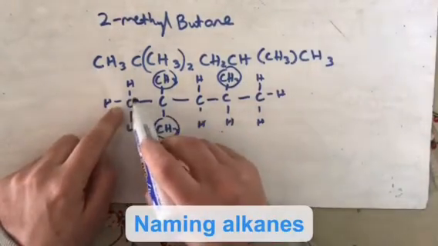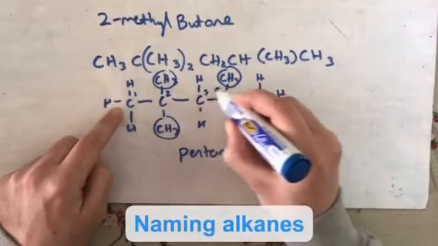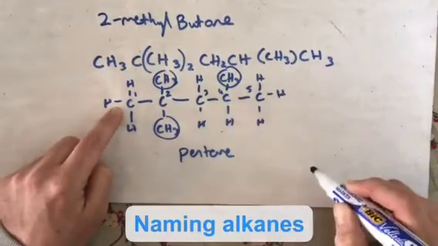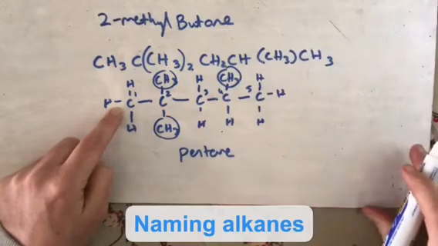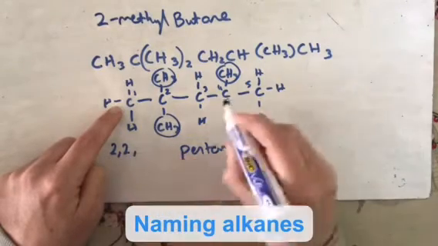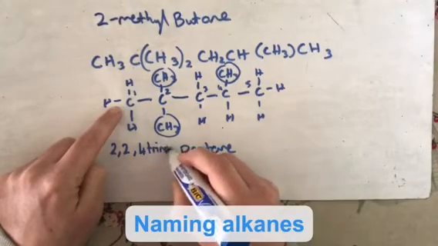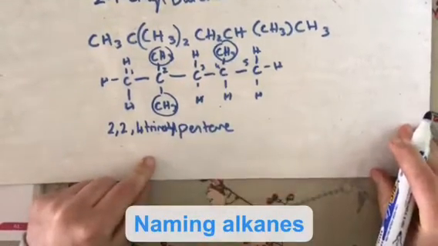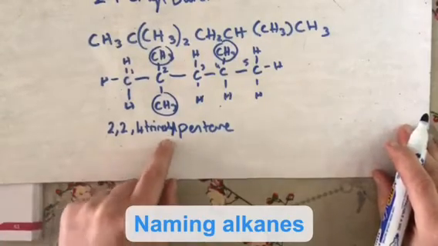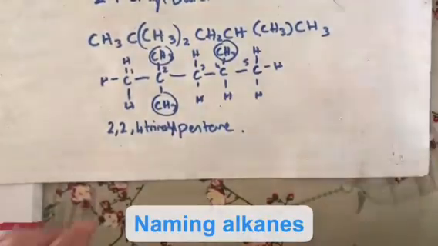So we're going to number from this way because that means these 2 methyls will have the lowest number possible. So it's 1, 2, 3, 4, and 5, okay? So they are going to be 2, 2, 4, trimethylpentane. Sorry if that's a bit squished. So 2,2,4-trimethylpentane. So hopefully that's okay there. Now let's move on and do your 21.2. So I'd like you to try and finish the rest of 21.1 yourselves based on that, okay?